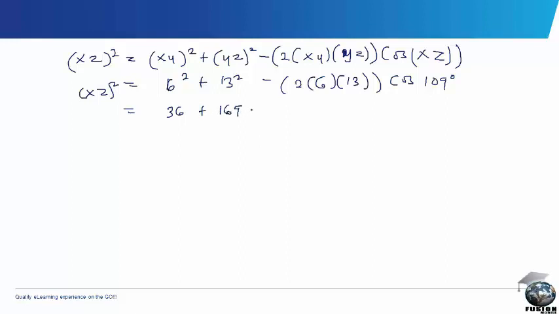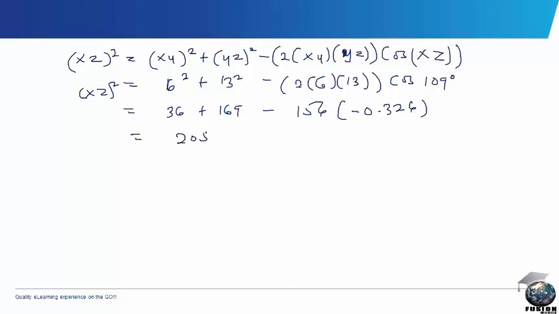Then 2 times 6 times 13 gives us 156, and cos of 109, you do this separately, gives minus 0.326. For this type of question, you don't say 156 cos 109; you find their values separately. And so when you add these two values, you have 205.